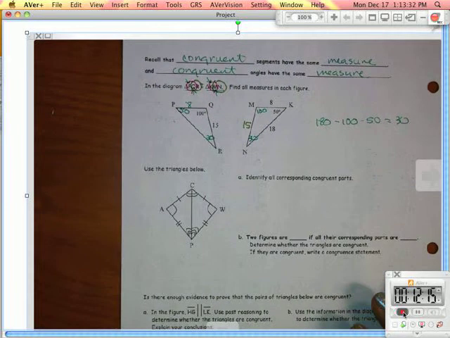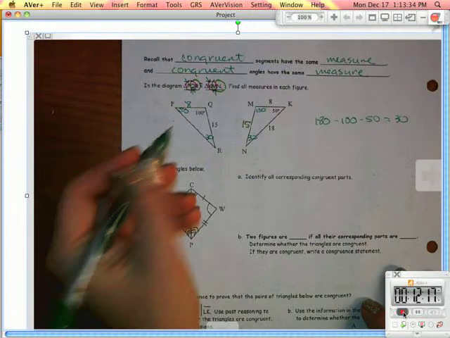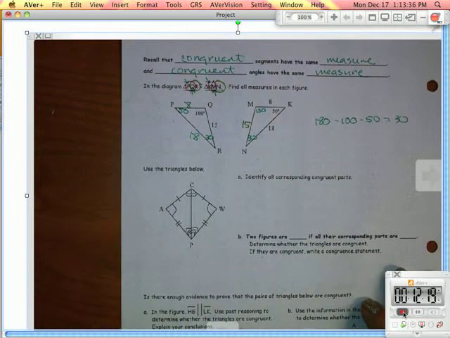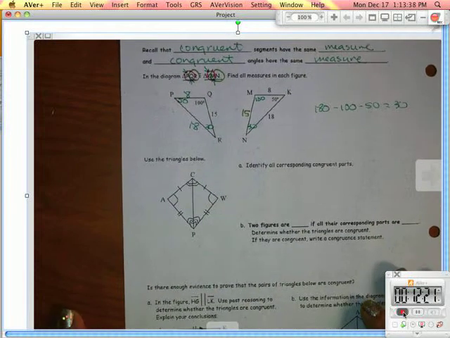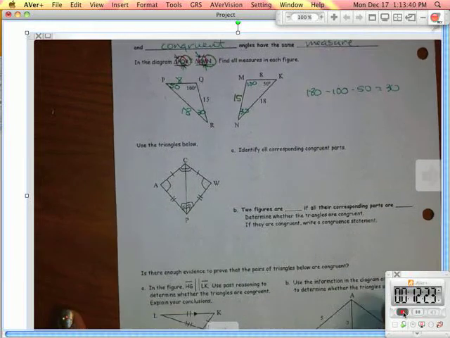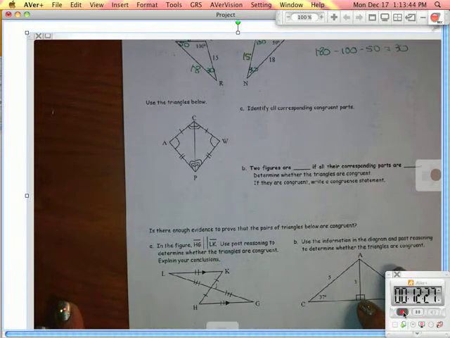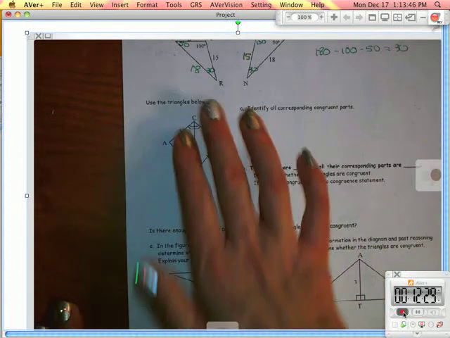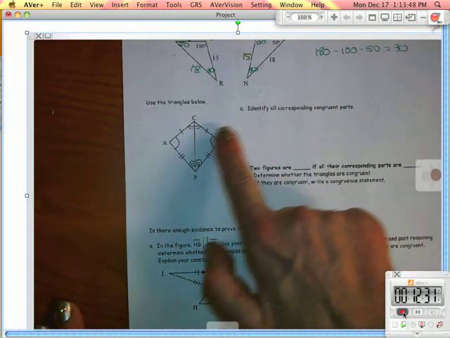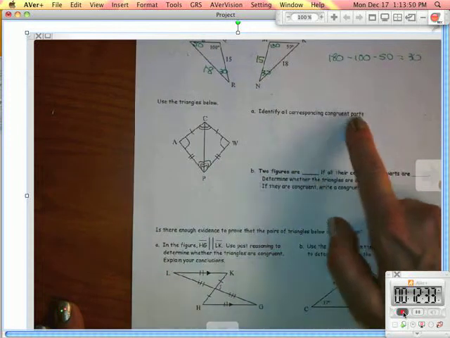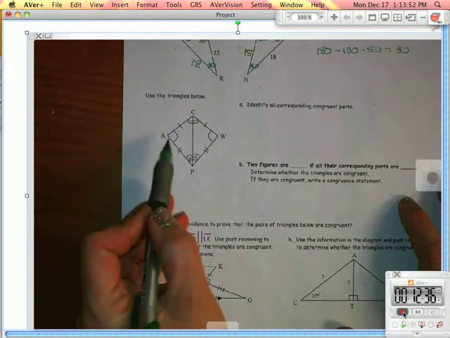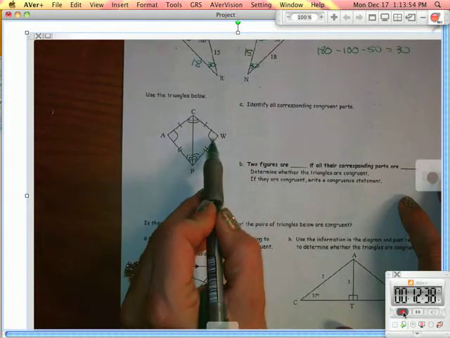Okay. Now, this is where it gets a little weird, but it's still not hard at all. Let's just take a look at what we have here. Use the triangles below, identify all corresponding congruent parts. Let's start with easy. We see these are congruent, right? So I'm going to start with the angles. Angle A is congruent to angle W. Now I got to talk about these two.